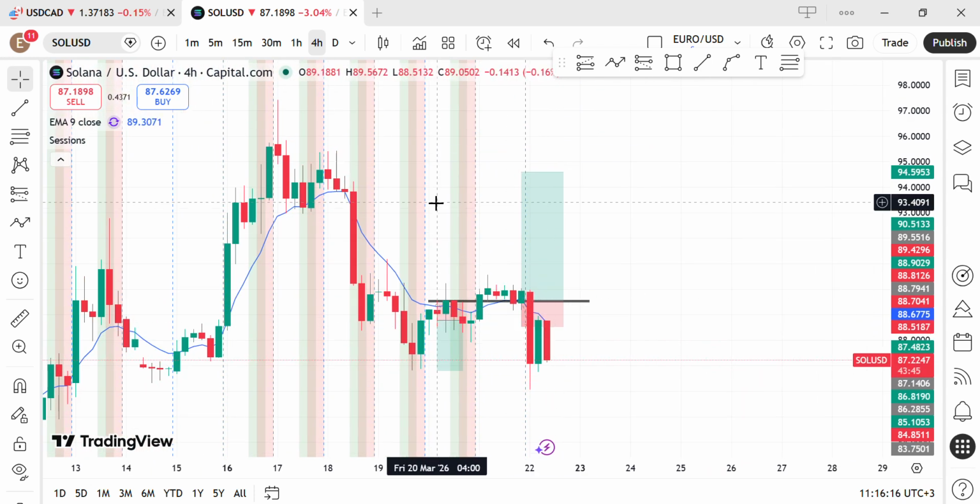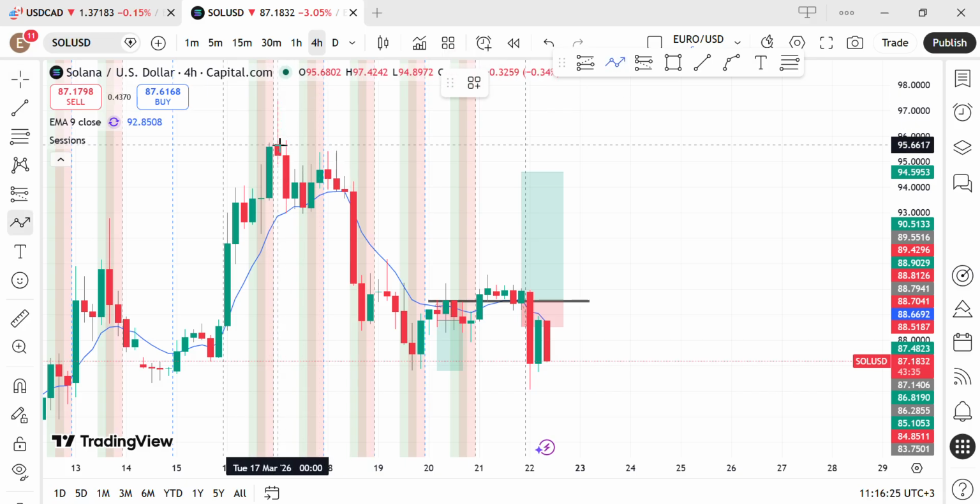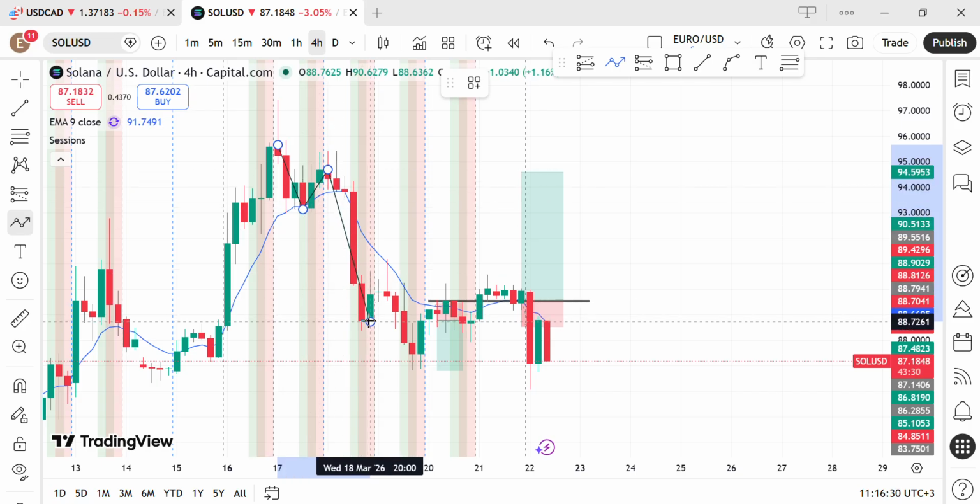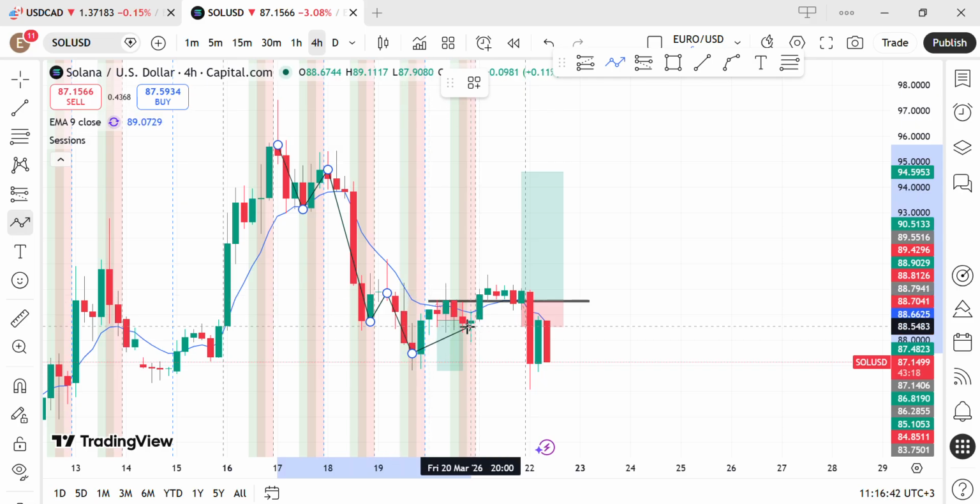If we scale into this level, this is the 4-hour time frame. And what is price doing in the 4-hour time frame? As you can see, did it break this level? No. But it made a higher low. Okay, let me mark it.